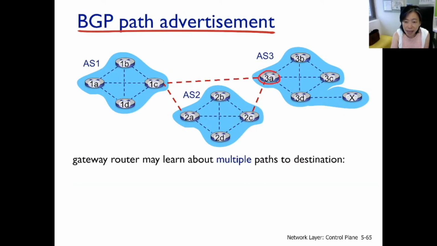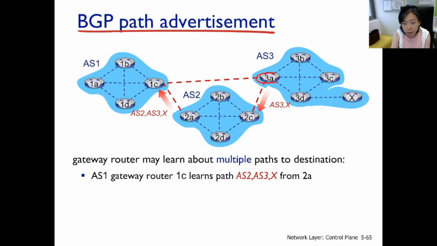So 3A here, the gateway router of AS3, might have multiple eBGP connections to outside. Okay, so in that case, a gateway router might learn multiple paths to a destination in AS3. So let's see. One of the paths is this, right?